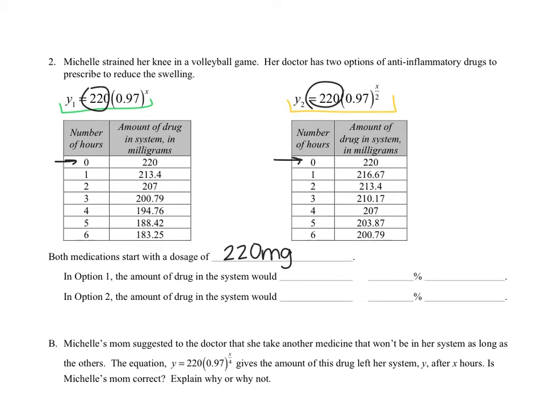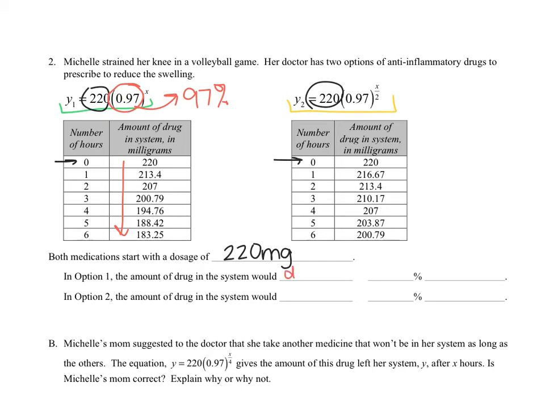So, option 1, the amount of drug in the system would increase or decrease. So if I look at my y values, as the x's increase, those are going down. I could have also told that from my equation. 0.97 is the same thing as 97%. We always compare back to 100.